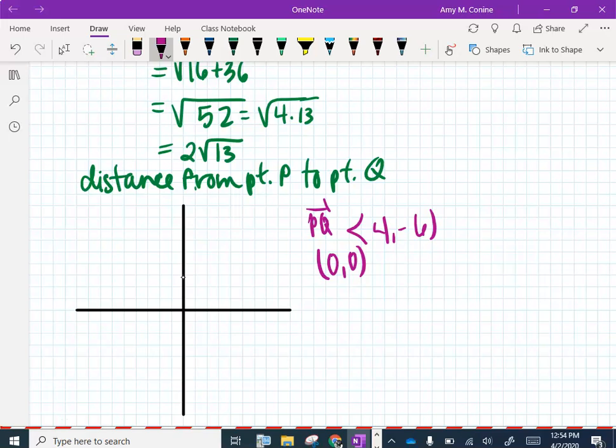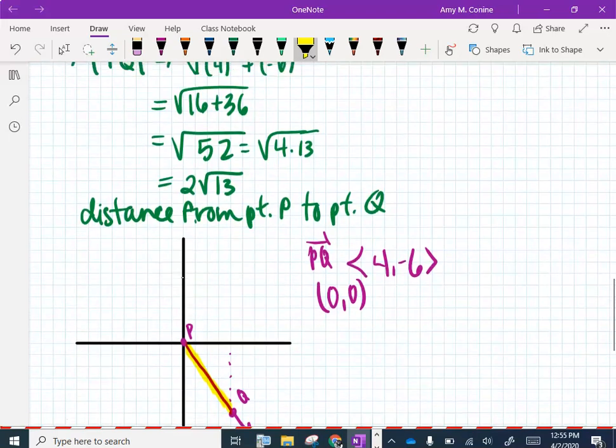Okay. I used two different symbols. So I'm going to go over 4 and down 6, 2, 3, 4, 5, 6. And so this would be point P, this would be point Q, and this part right here would be the magnitude. That is the distance between those 2 points.